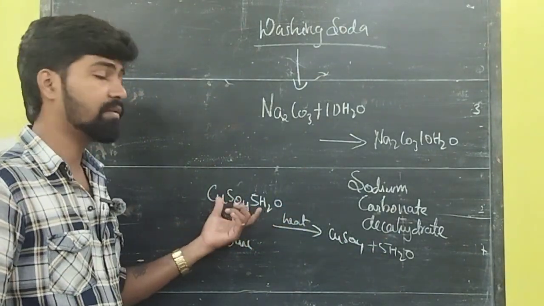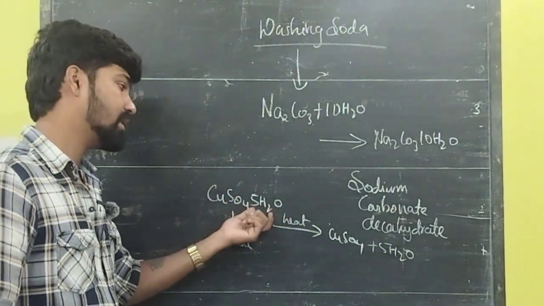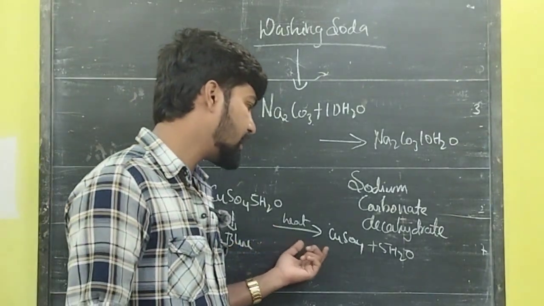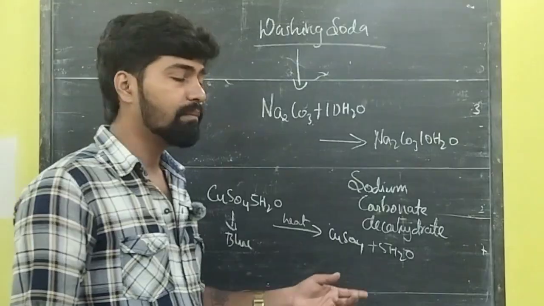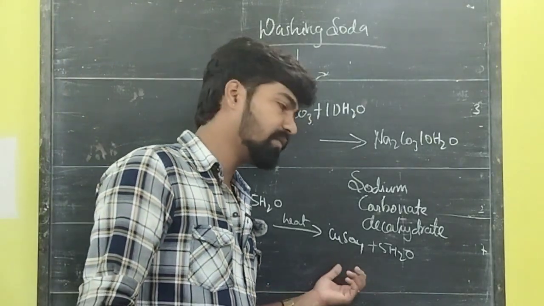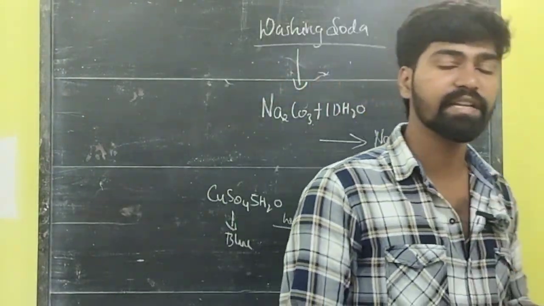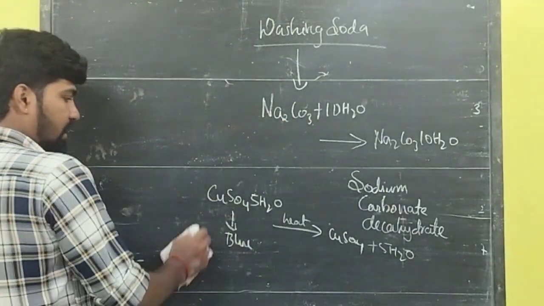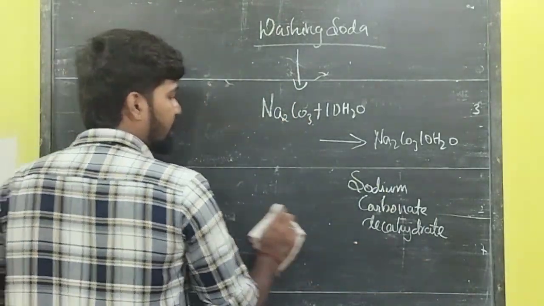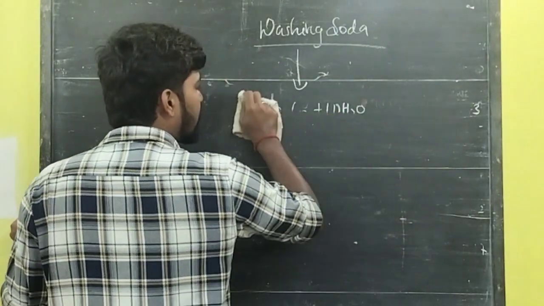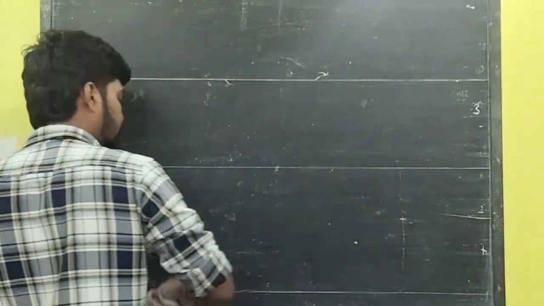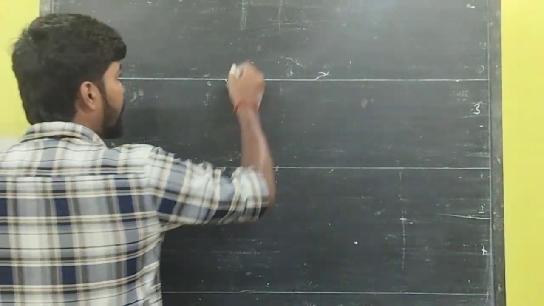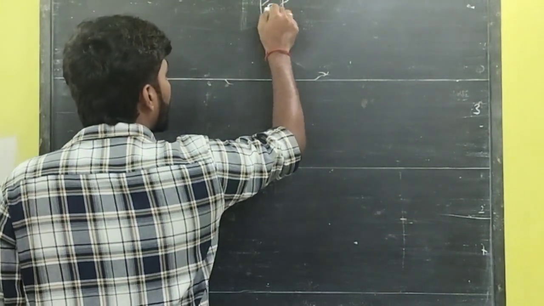This is because the water was in a dry state in the unit structure of the crystal, and that was giving the blue color. After heating, the water is released, leaving copper sulfate, which has a whitish color. This further confirms that the water is present in a dry state in the unit structure of the crystal. So our answer is water of crystallization.